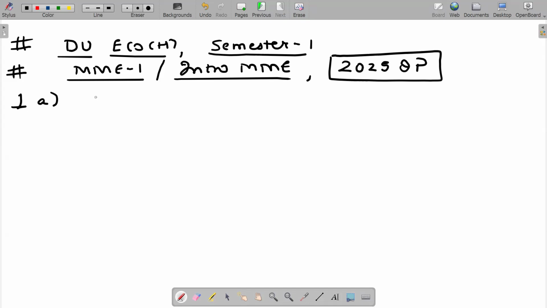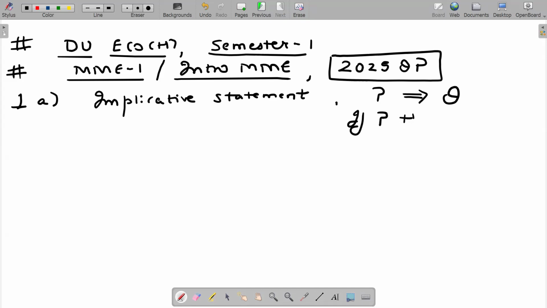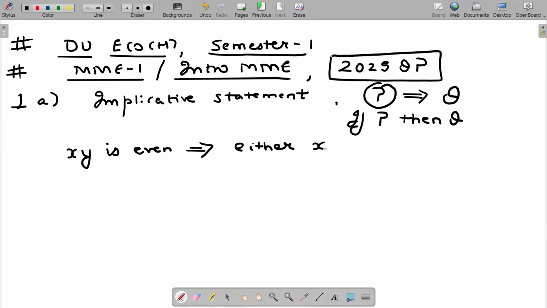So what is our implicative statement? Remember, an implicative statement in general is P implies Q. How do I read it? If P, then Q. In this case, my statement P is xy is even, which implies that either x is even or y is even.